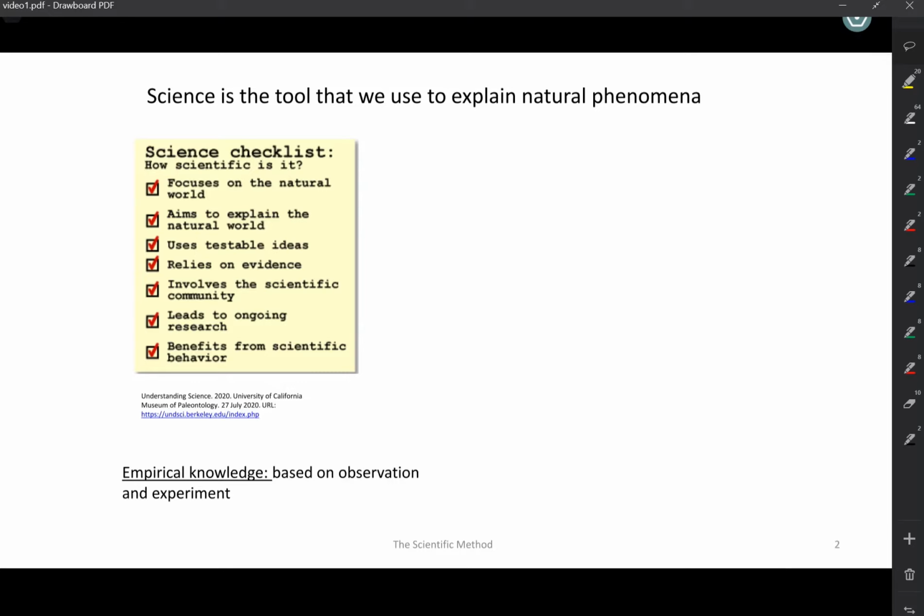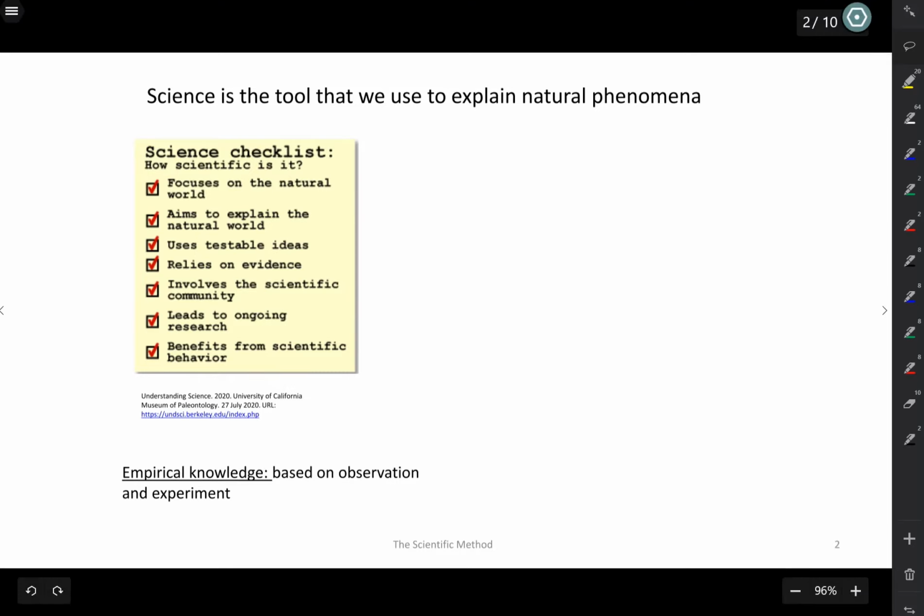It focuses on the natural world. And likewise, it aims to explain the natural world. Okay? It uses testable ideas and relies on evidence. That's where this comes in here, empirical knowledge, empirical evidence, or empirical data. These are things that are based on observation and experiments.